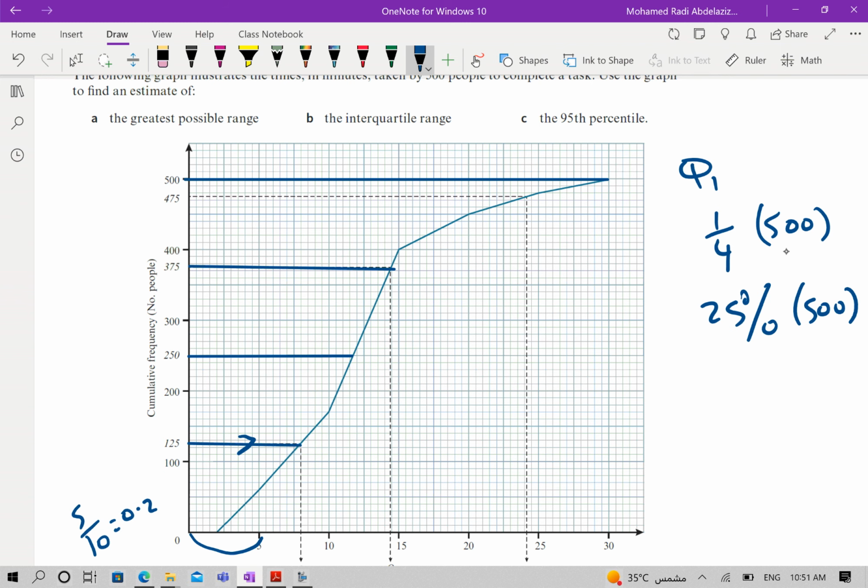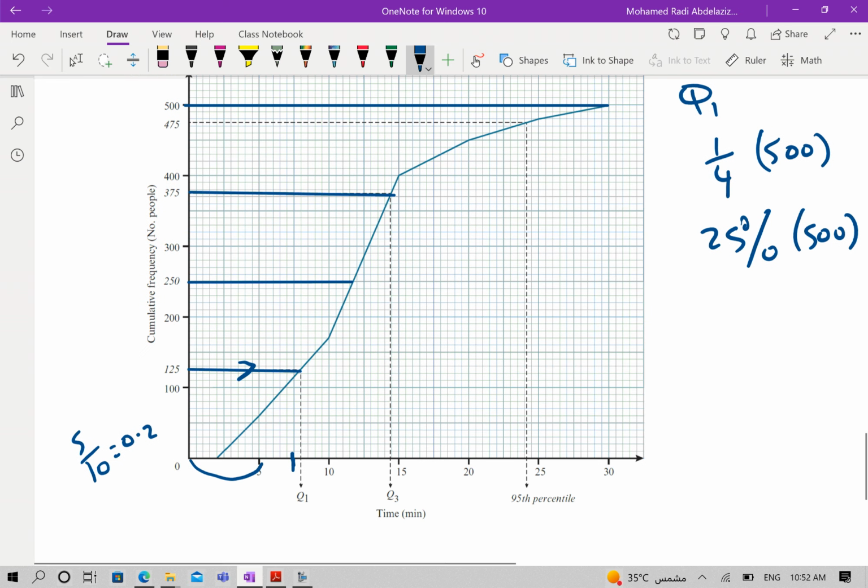So this is 5.2. So this value will be at 5.2, 5.4, 5.6, 5.8, 6, 6.2. How come? This is 5. 1, 2, 3, 4, 5, 6.